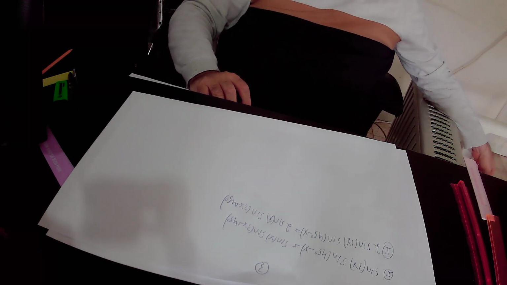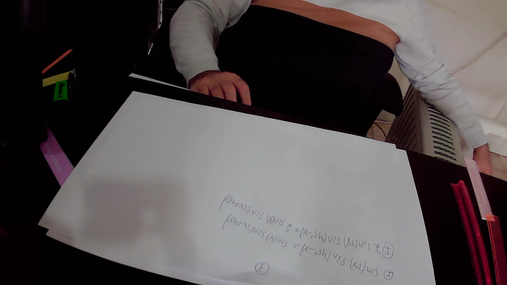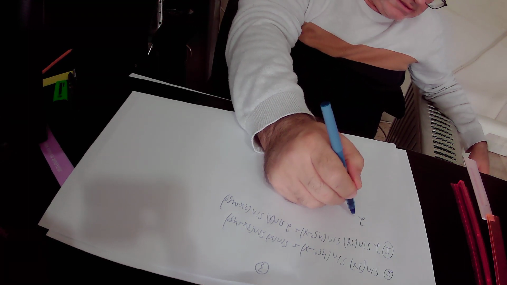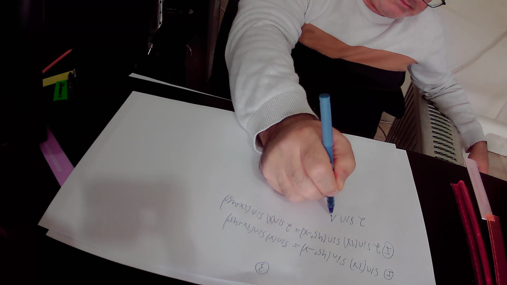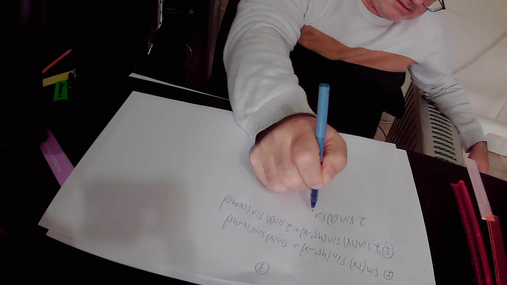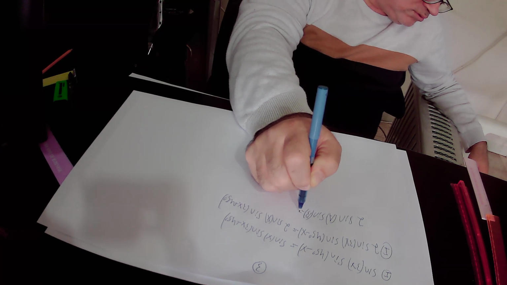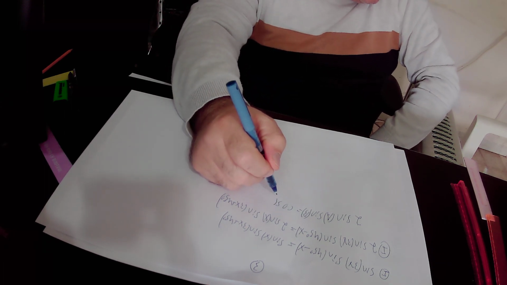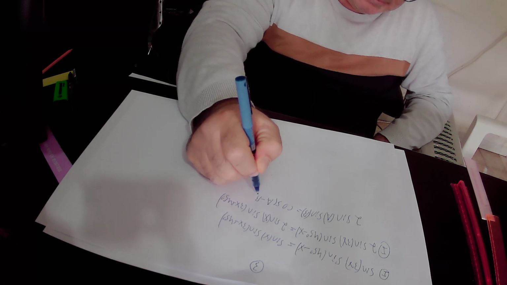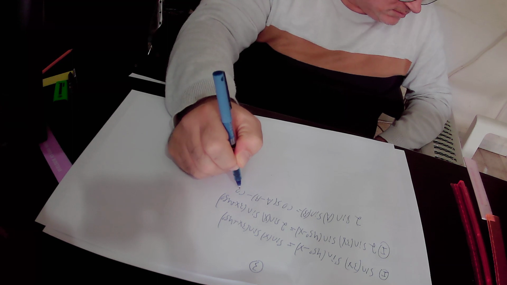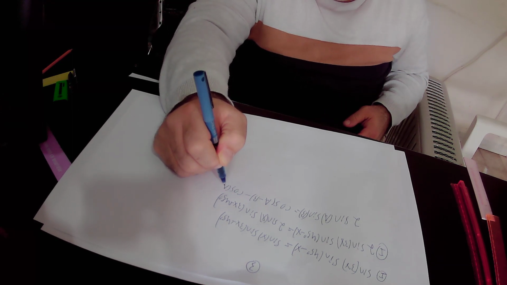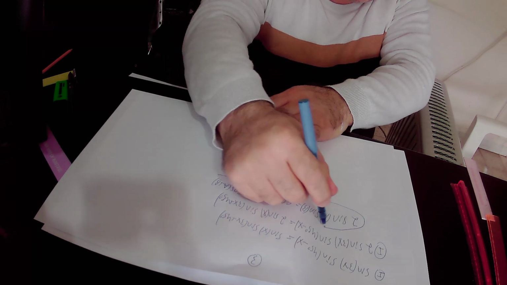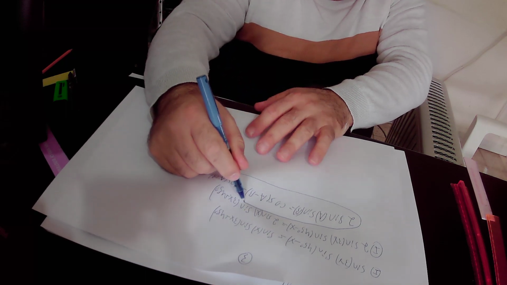So here we will use the trigonometric identity that states that 2 times sine A times sine B equals cosine A minus B minus cosine A plus B. We will use this trigonometric identity in order to simplify equation number 1.